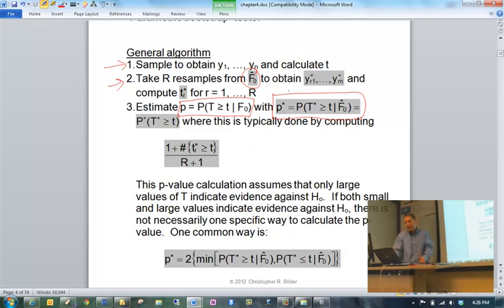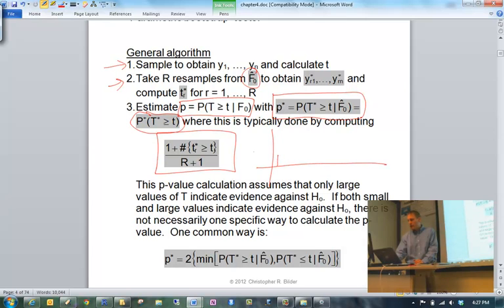This is what you would expect. Alternatively, you could define your notation like this, of course: probability star, t star greater than or equal to t. Now, when you're actually doing resampling, you estimate this p star with this: 1 plus the number of these t stars that are greater than or equal to t, divided by r plus 1. So all this is just a measurement of how extreme you are in the distribution.